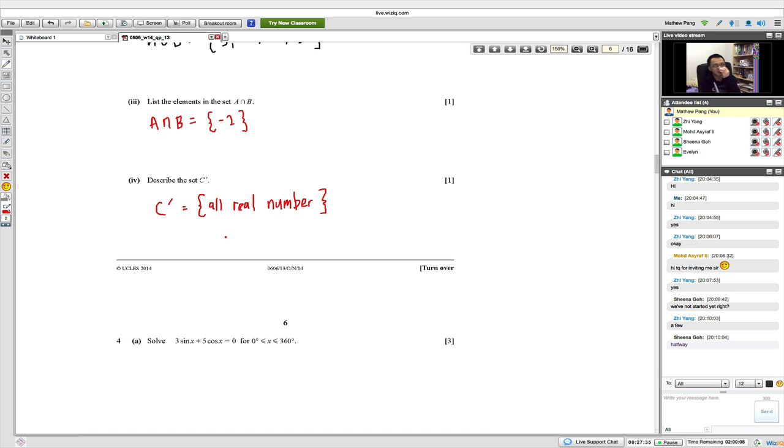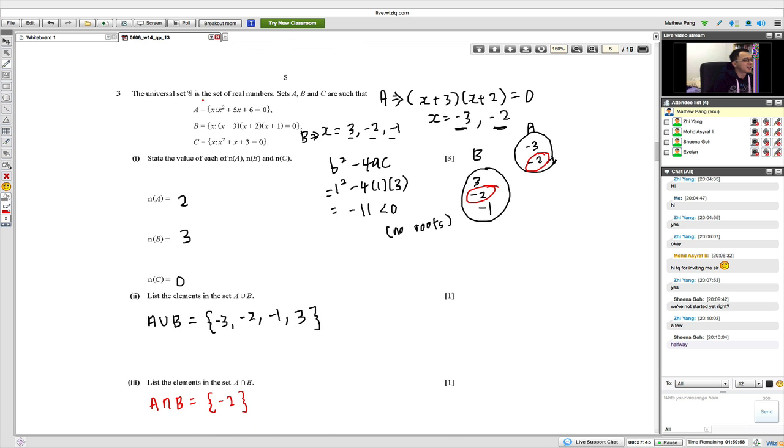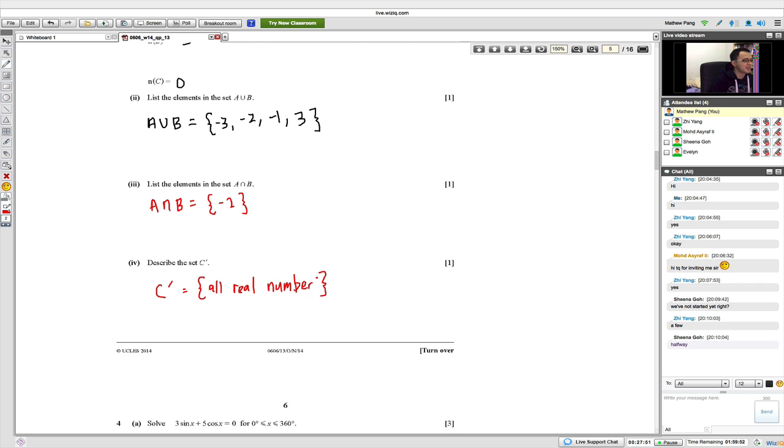Or you can write something like this. How do we write this one properly? A universal set R. Let's see, the universal set is the set of the real numbers, right? So you can say C complement equals the universal set. I think it's okay also.